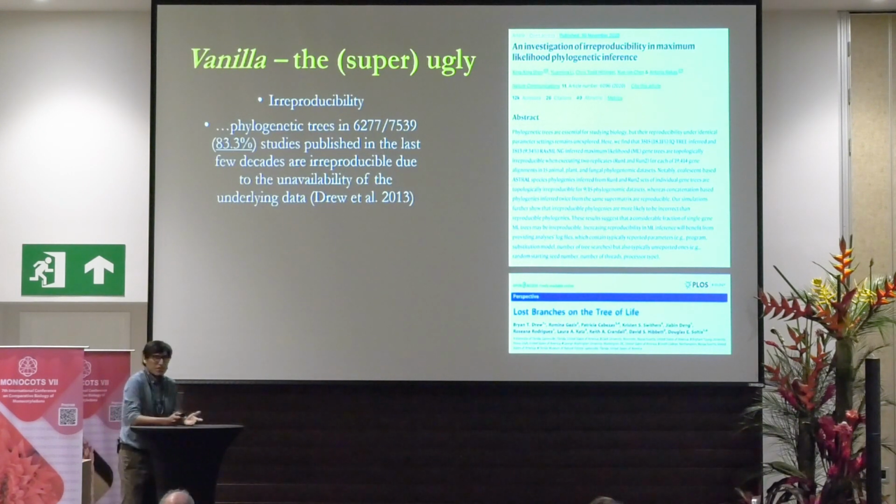Now, the ugly part, or I would say the super ugly part about vanilla phylogenetics, is that there are severe cases of irreproducibility. All of you here are doing science and amazing work that I've been listening to for the past couple of days, and you probably agree with me that one of the cornerstones of science is that results must be replicable by other researchers.